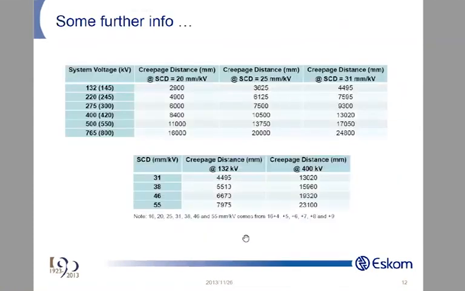Now, if I'm looking at 132 and I want 20 millimeters per kV or 25 or 31, what creepage do I need? And then you'll find it's quite interesting.